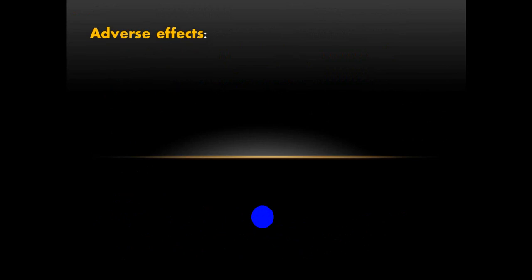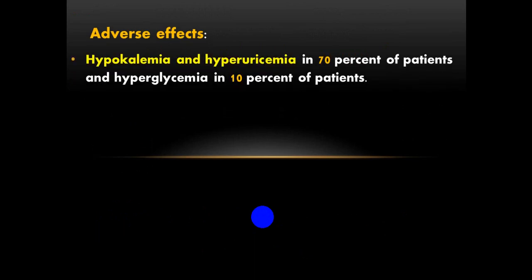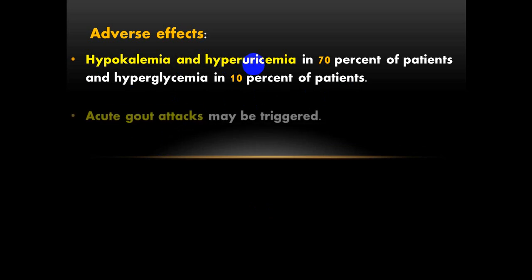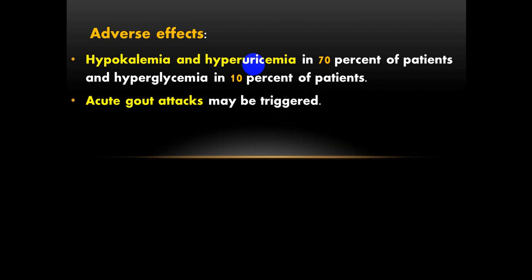What about side effects of thiazide? First, hypokalemia and hyperuricemia in about 70% of patients, and hyperglycemia in about 10% of patients. Acute gout attacks may be triggered due to the increase of hyperuricemia.